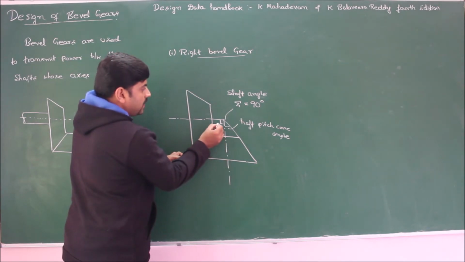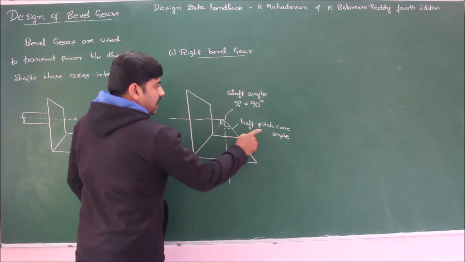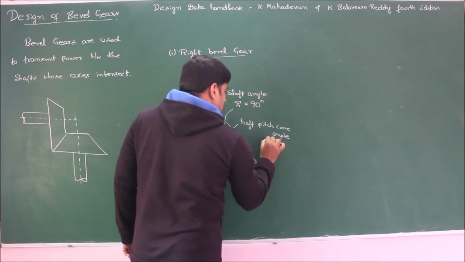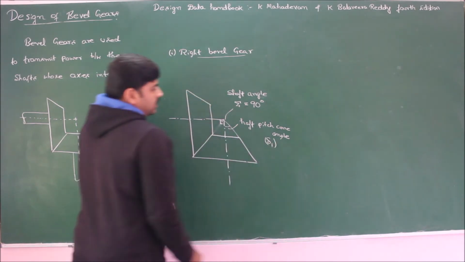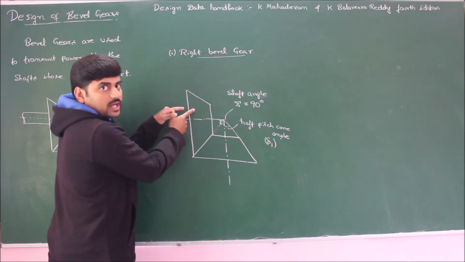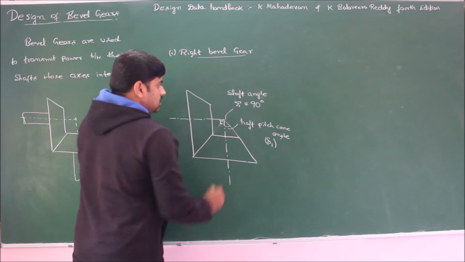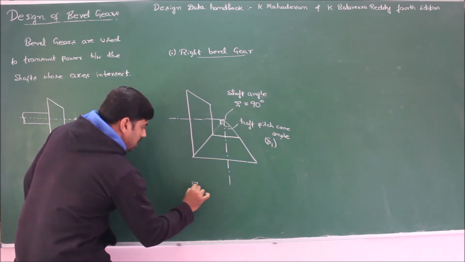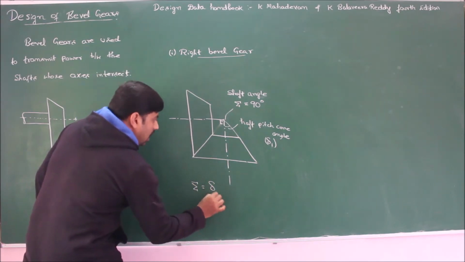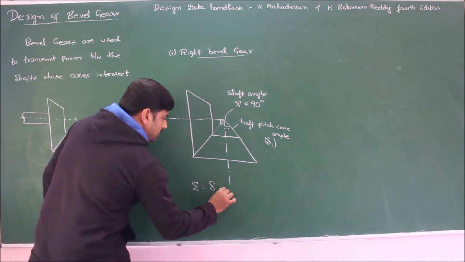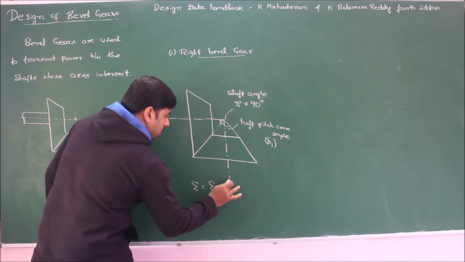So therefore, I can clearly state from the diagram the half pitch cone angle of gear 1 plus the half pitch cone angle of gear 2 will give us the shaft angle sigma.